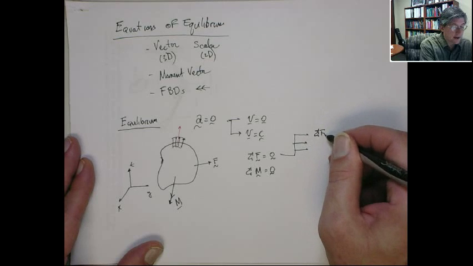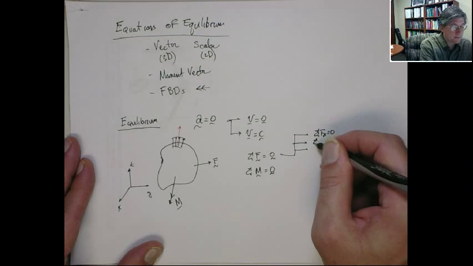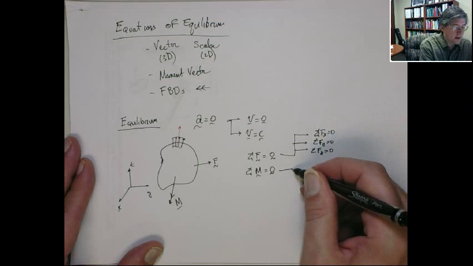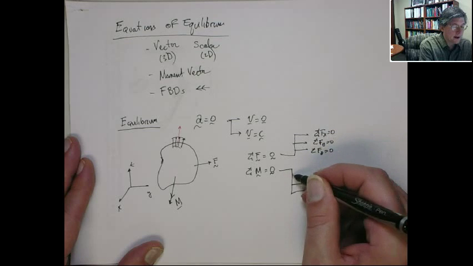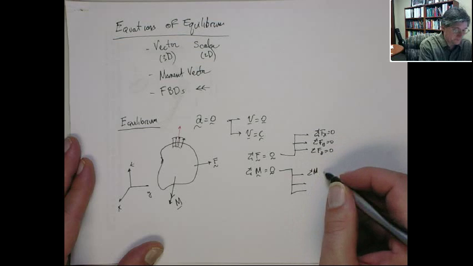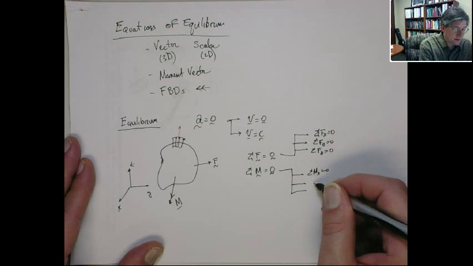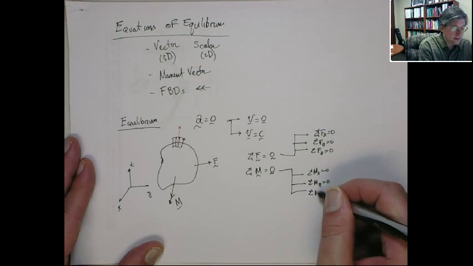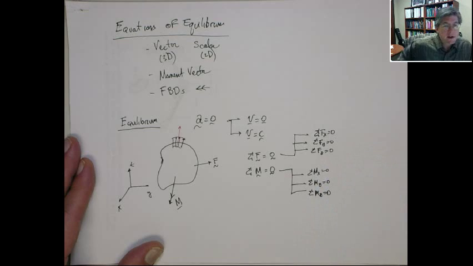Sum of forces in the x direction equal to 0, sum of forces in the y direction equal to 0, and sum of forces in the z direction equal to 0. And likewise, this implies 3 scalar equations. Sum of moments about the x-axis equal to 0, sum of moments about the y-axis equal to 0, and sum of moments about the z-axis equal to 0.